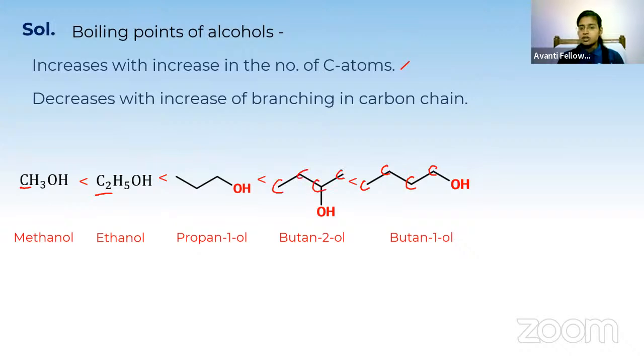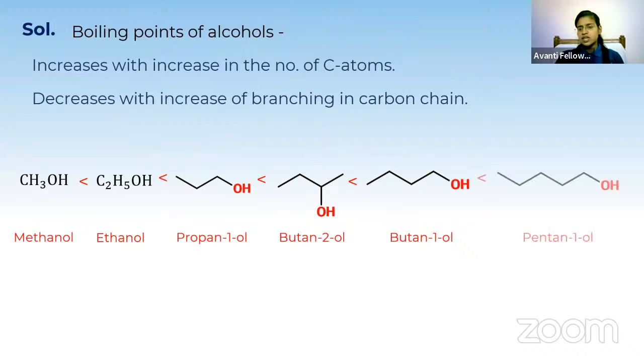Okay. So for this type of case, you have to go for the second rule. The one which is having the branch will have the least boiling point compared to the other. So that's why butan-2-ol is having the lesser value compared to butan-1-ol.